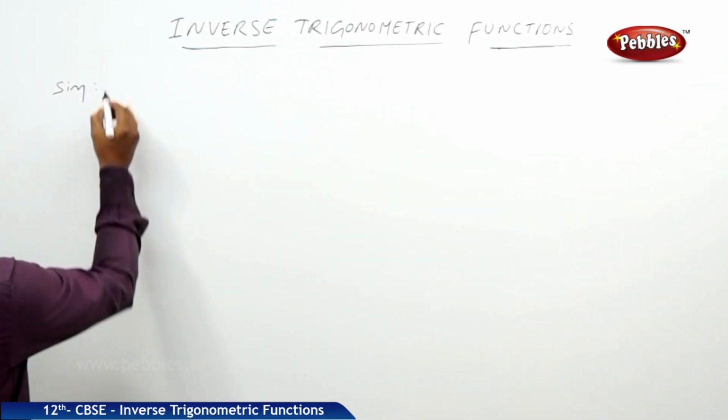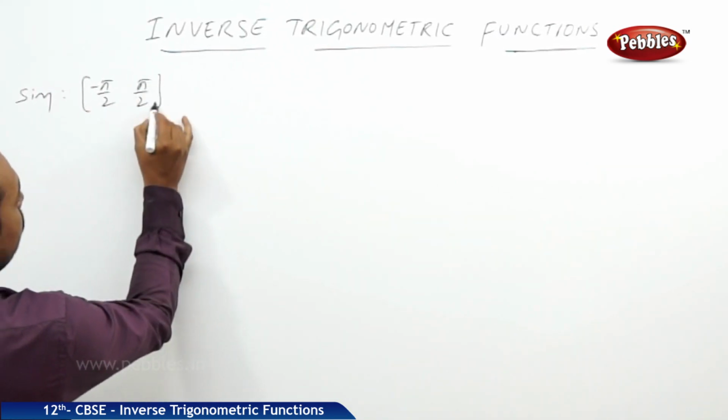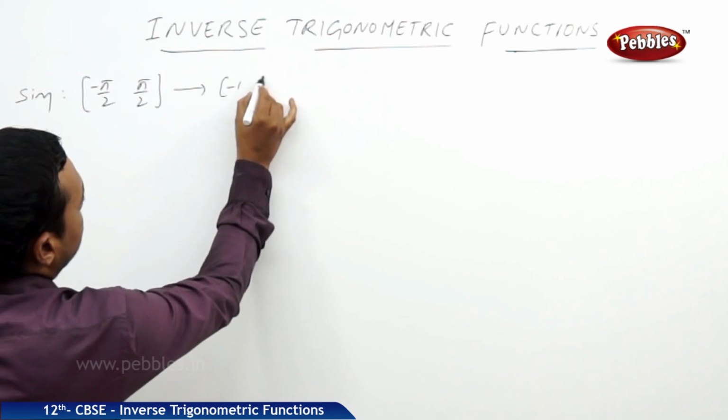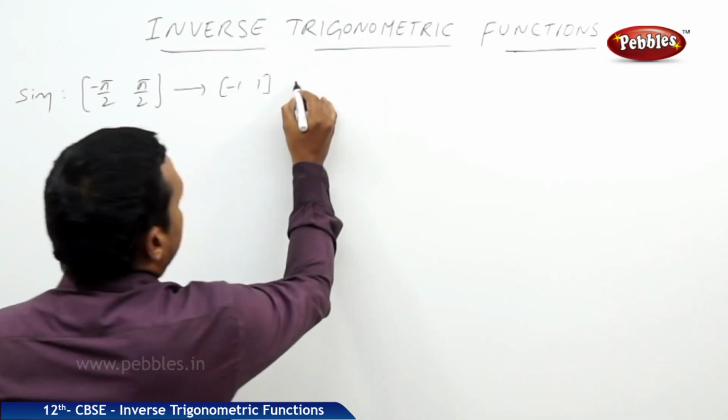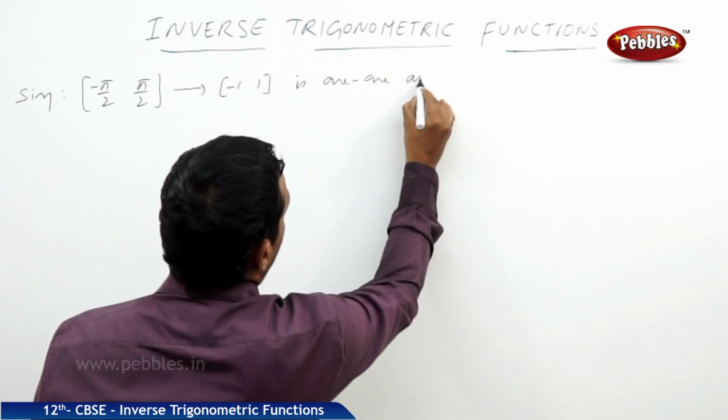The function sine defined from minus pi by 2, pi by 2 to minus 1 to 1 is one-one and onto.